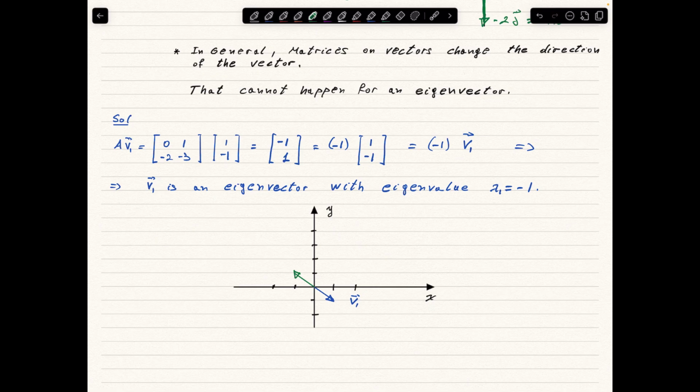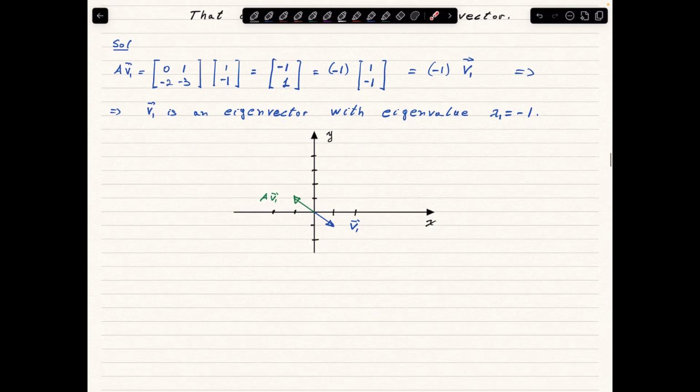This is the vector A acting on v1, and you see they are on the same line. The eigenvalue is negative, so it moves the vector 180 degrees to the other side, but they are on the same line. They are proportional to each other.